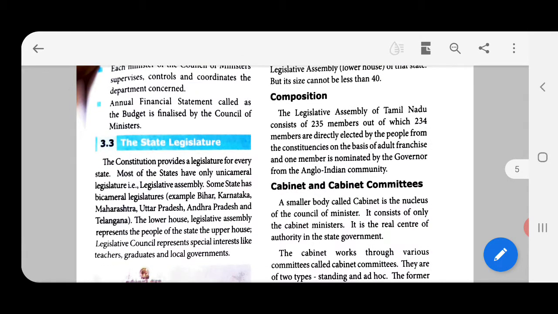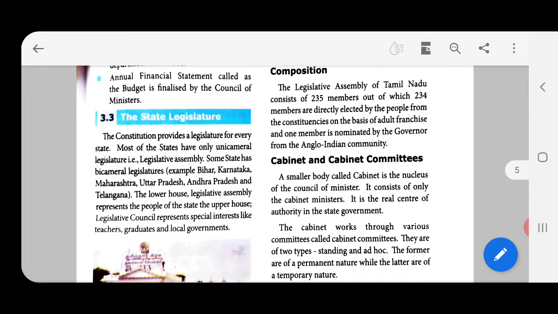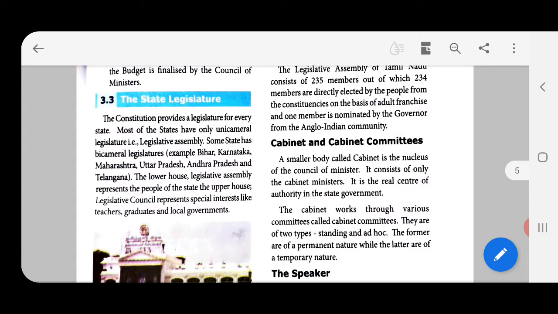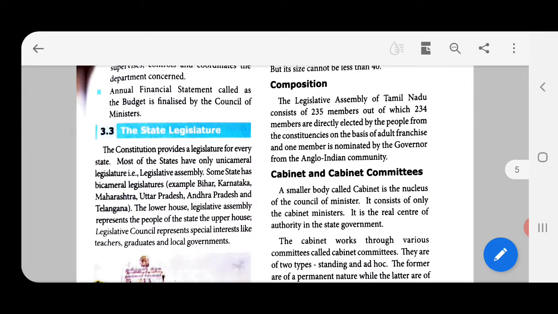Composition. The legislative assembly of Tamil Nadu consists of 235 members, out of which 234 members are directly elected by the people from the constituencies on the basis of adult franchise, and one member is nominated by the governor from the Anglo-Indian community. So we already saw this in the previous class.